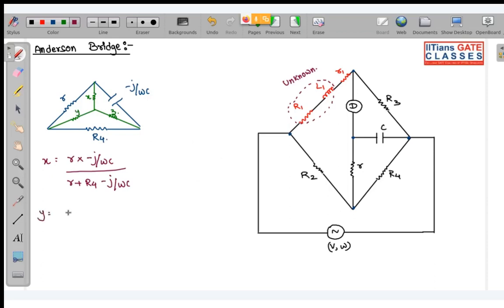Next, Y will be equal to what? It will be equal to R into R4 divided by R plus R4 plus 1 by j omega C also you can write. Whichever way you feel comfortable, you can write that, okay? So let me write it as 1 by j omega C. So it is easier for you then.